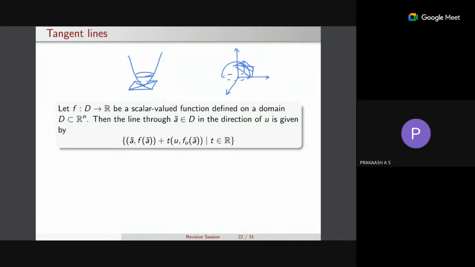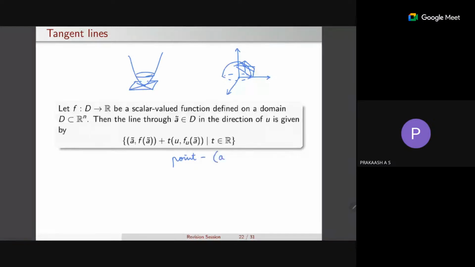So there is a point, let's just call it a tilde, and a direction, let's just call it u, which is u1, u2, or more generally u1, u2, ..., un.